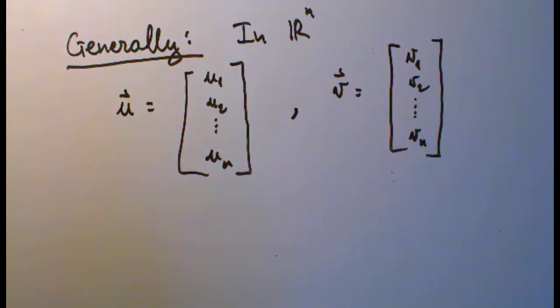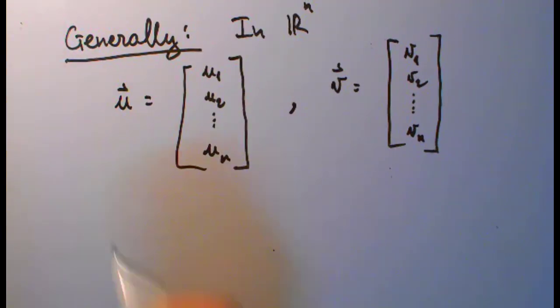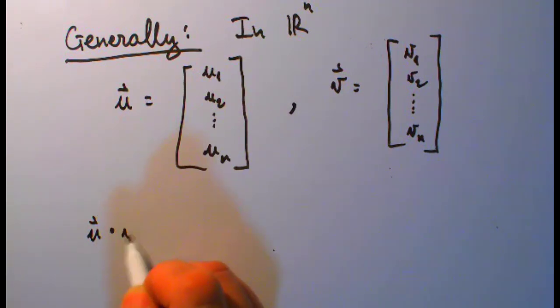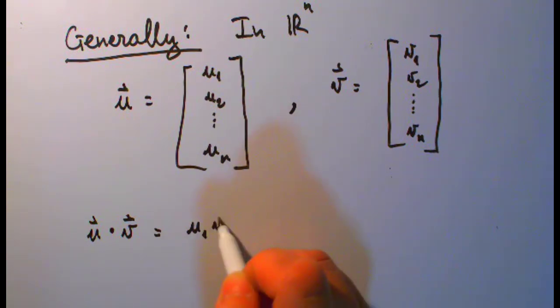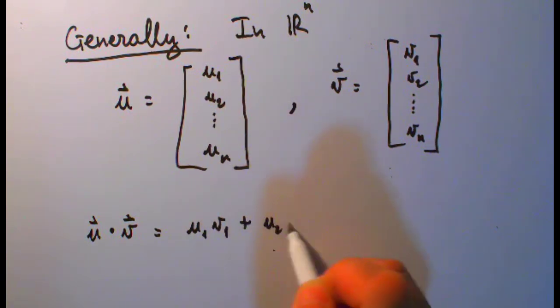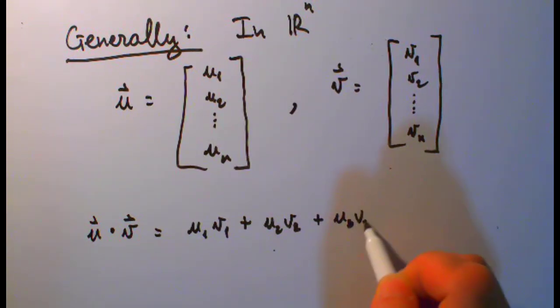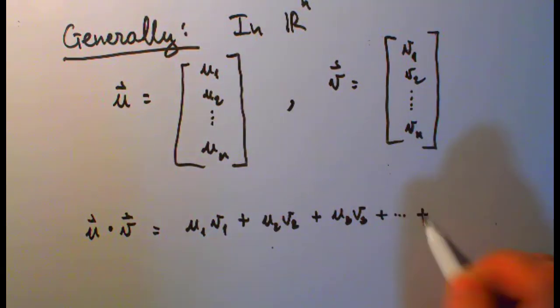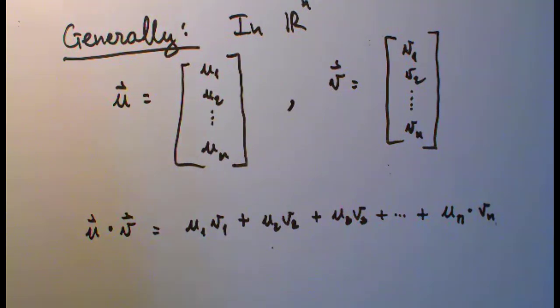And so we are going to extend that definition of a dot product into vectors in Rn. Now in Rn, vector u dot vector v is going to be the same as u1 v1 plus u2 v2 plus u3 v3, all the pairs of components multiplied together and added, until we hit the end of the two vectors, so un times vn.